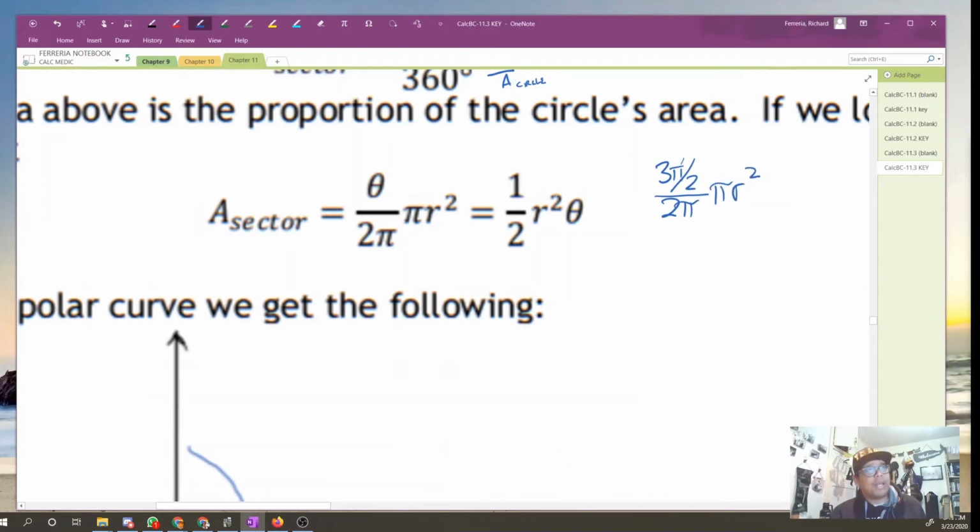So we get cancellation, and this becomes 3/4 of pi r squared, which again is 3/4 of the circle. So the area of a slice that encompasses 3/4 of the circle is 3/4 of the area. All that makes sense, and if it did, then thank your geometry teacher.